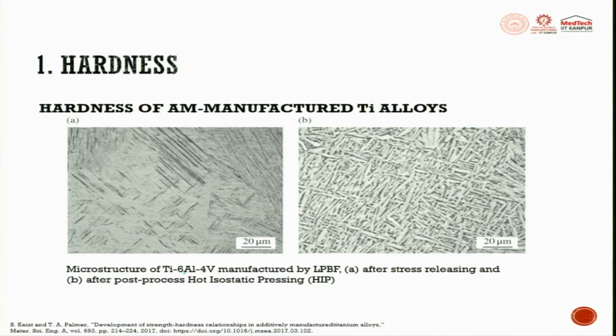One is Ti6Al4V manufactured by LPBF, and after stress annealing you get this, and then this is post annealing by HIP. You can see how the microstructure changes, and this microstructure change affects the hardness value. This is what we studied in our time temperature dependent phenomena, cooling curve, all these things.